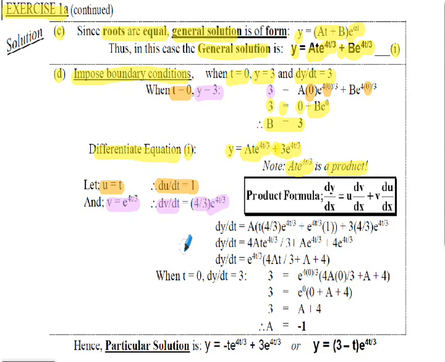Now inserting the values of u, du by dt, v and dv by dt into the product formula, we find the following. Solving for dy by dt, we're differentiating this part of the equation first of all.